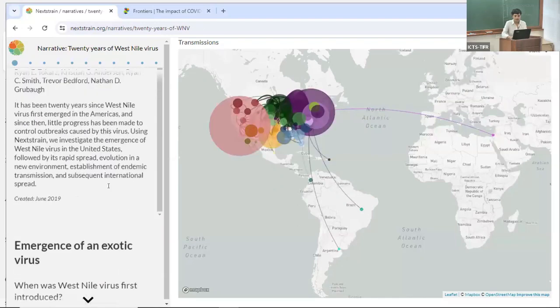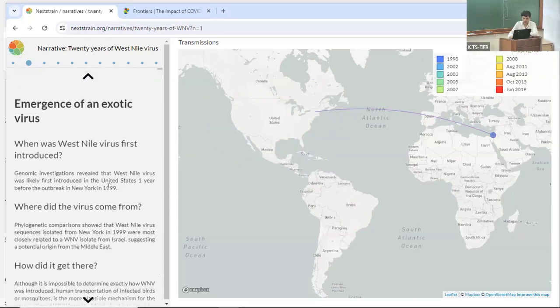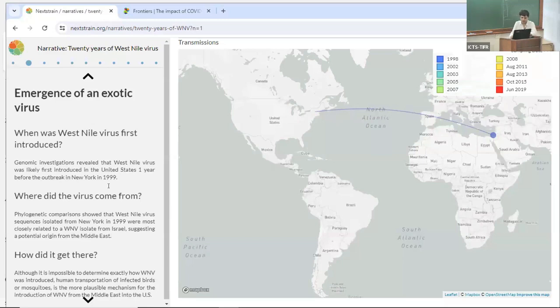This is from an organization, a toolkit called NextTrain. Those of you who are not familiar with it, this is a very nice toolkit to get introduced to and work with. So basically, you can ask the question, there's an outbreak of West Nile virus.